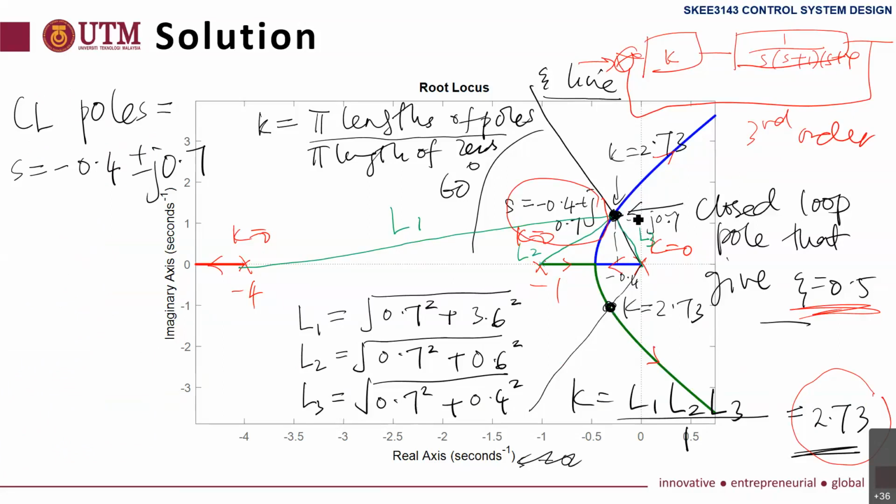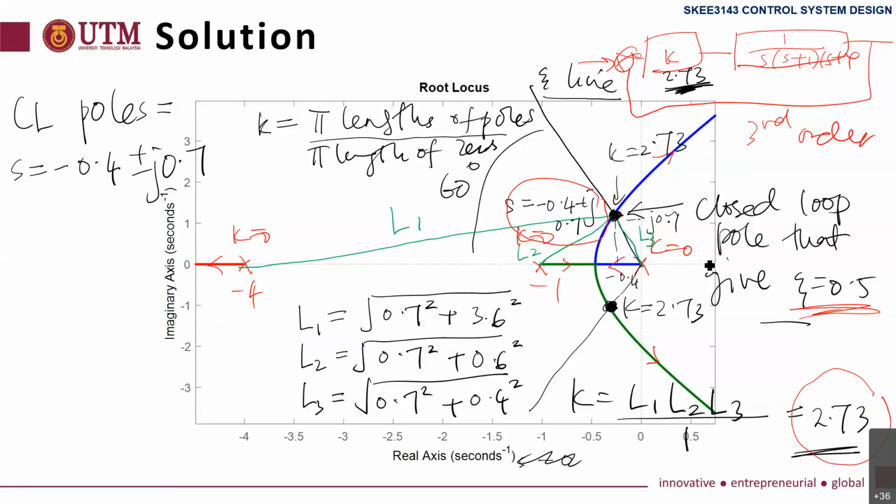And we know that all complex poles will come in pairs. We have plus, we have minus. So we also have minus here. Using K 2.73 here, we will get closed loop poles like minus 0.4 plus minus J 0.7.